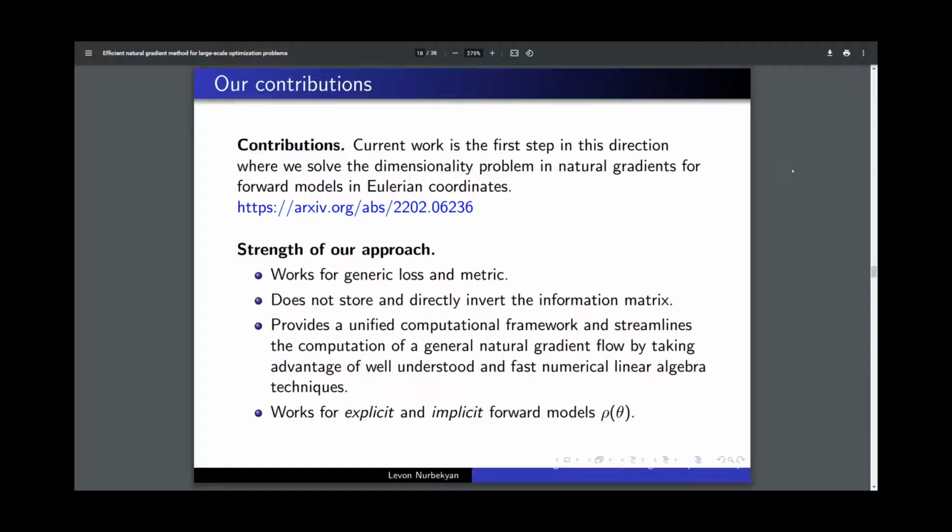So we do not store or directly invert this information matrix. It also provides a streamlined fashion to do these calculations, where we harness the power of numerical linear algebra techniques. And it works in both cases: where you have an explicit forward model, for instance given by a neural network, or an implicit one, where it's a solution of some kind of PDE.